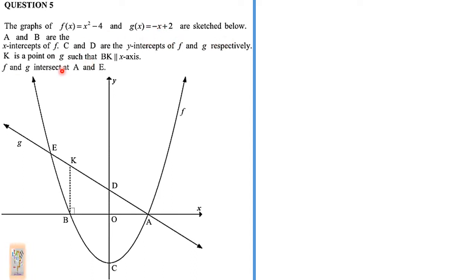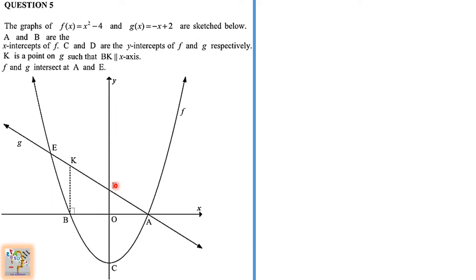There are certain things that we can actually see here. One, we can see that A and B are the x-intercepts, and when we say intercept, it is the cut. This is where the graph of f, the parabola, cuts the x-axis, at B and A. But at the same time, we also have C and D. These are the y-cuts, the y-intercepts of f and g.